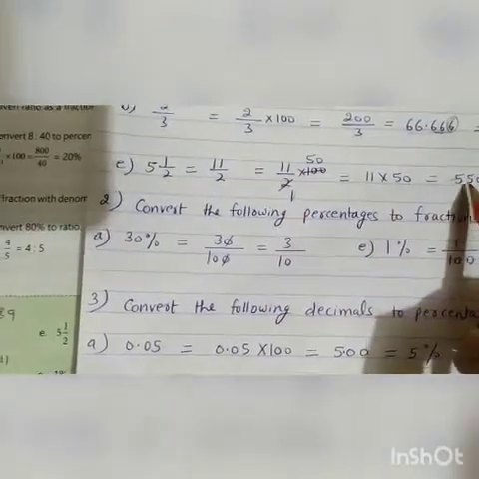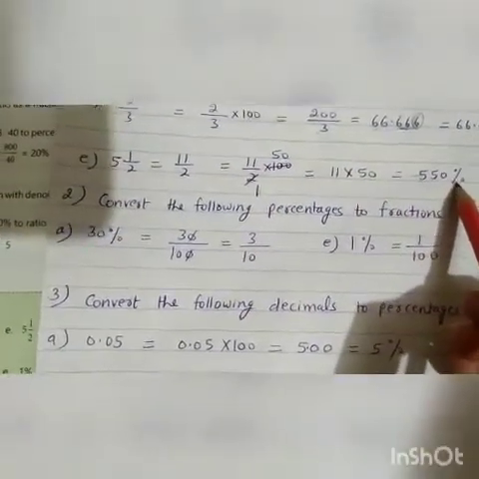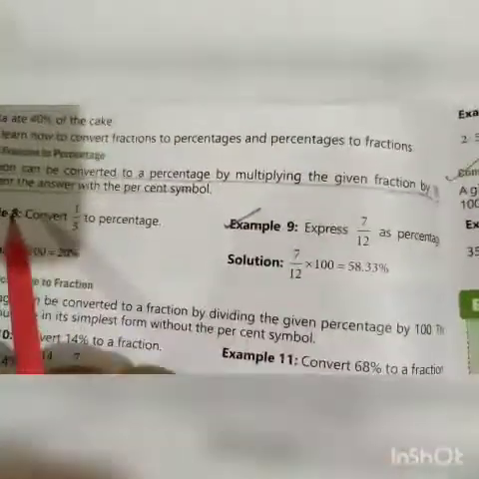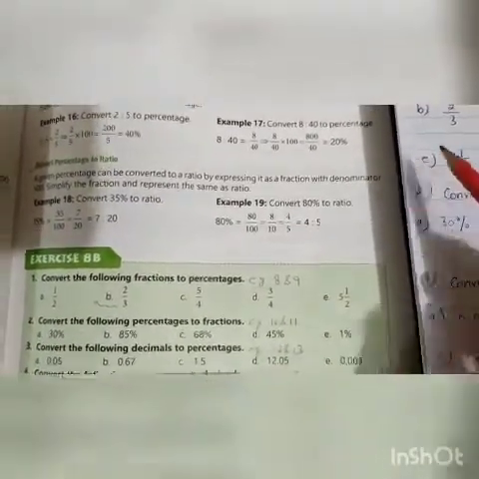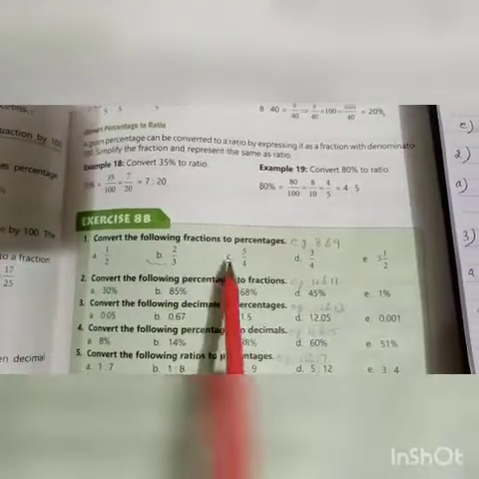So it is 550 percent. We will put here the percent sign, as it says, represent the answer with the percent symbol. I have explained two parts, B and E. Its remaining parts A, C and D you will do yourself.